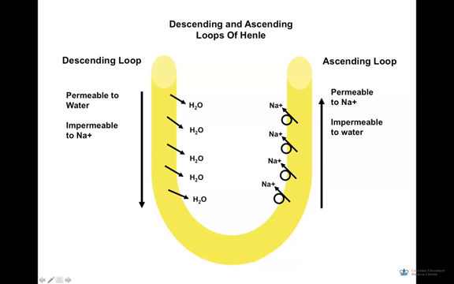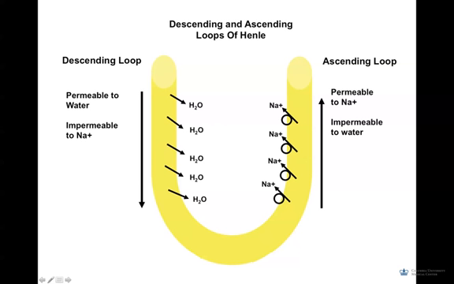So this sodium that gets pumped into the interstitial space of the renal medulla is what's actively increasing the osmolarity of this interstitial space.